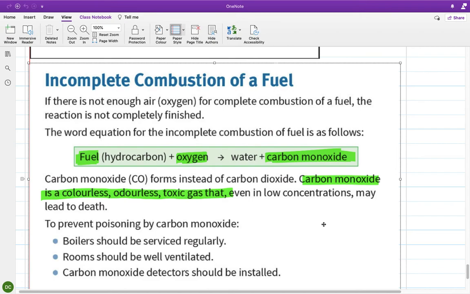So they have here, your boiler should be serviced regularly. Rooms should be well ventilated. Now when you build houses, every room has to have a vent in it, so that if some carbon monoxide did leak into a room, hopefully it would just be sucked straight out of the room again through the vent.